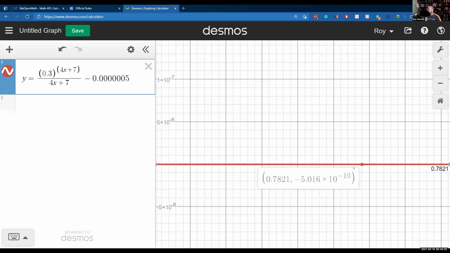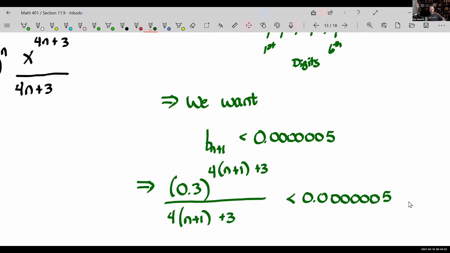All right, finally. After 0.78, it goes negative. Man, that took a while to get there, didn't it? All right. So after 0.78, it goes negative. And that's what I wanted. I'll showcase why when I get back to my main screen here. There we go. All right.